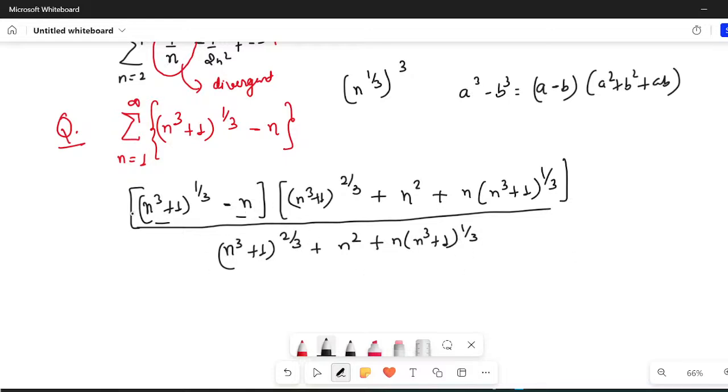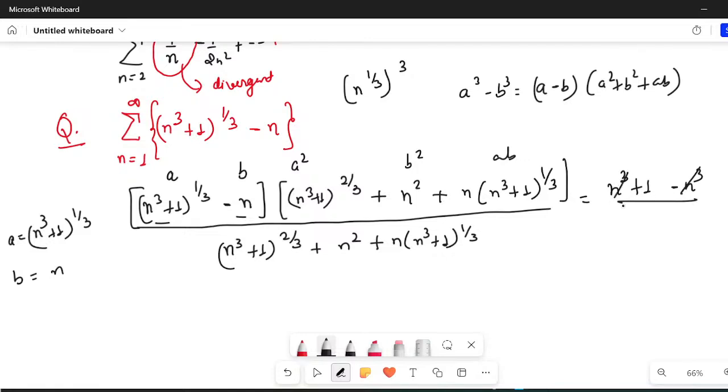What will this become? The above one: this is a, this is b, this is a square, this is b square, this is ab. So just think what the numerator will be. It will be a cube minus b cube. A is (n cube plus 1) raised to power 1 by 3, and b is simply n. So if you cube both and subtract them, you will get simply this.